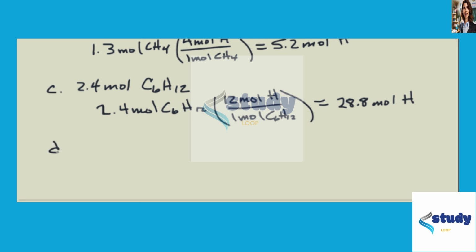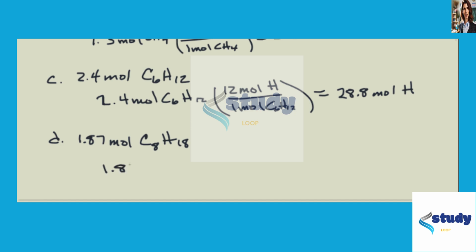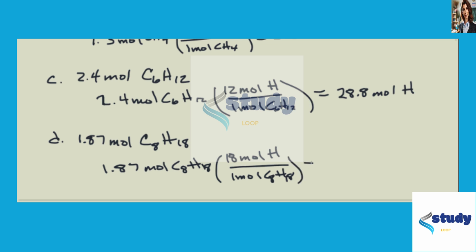And finally, if we deal with 1.87 moles of C8H18, well, there's 18 of our hydrogens there. So we can take that 1.87 moles and we can say, well, there's 18 moles of hydrogen for every 1 mole of C8H18.